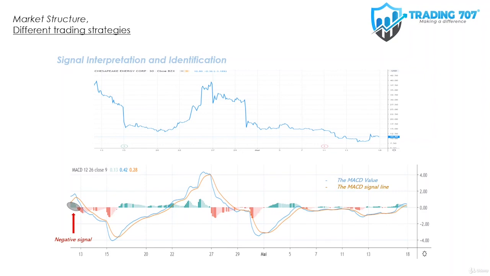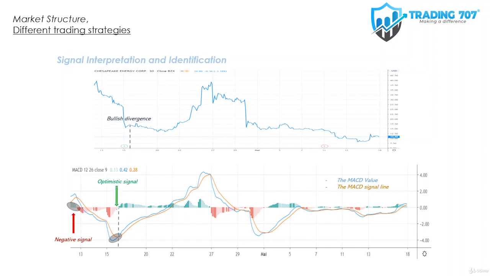Then, on April 16, we notice a bullish divergence between the price and the MACD curves. This divergence indicates the possibility of a future rebound in the price. In addition, simultaneously, all the elements making up the MACD indicator become optimistic.